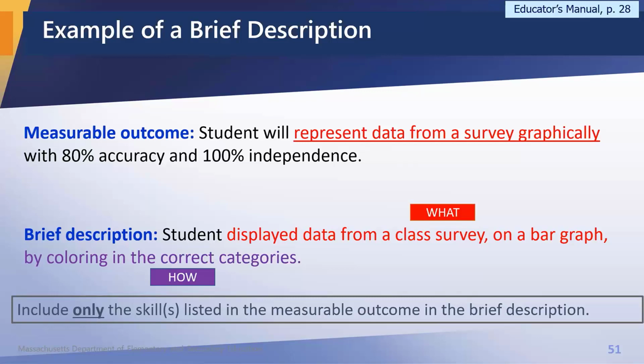We didn't say anything about the student collecting the data on a class survey or any more information than was asked for. We're going to stick to what we were asked, what we chose in that measurable outcome. So only include the skill in the measurable outcome in that brief description.